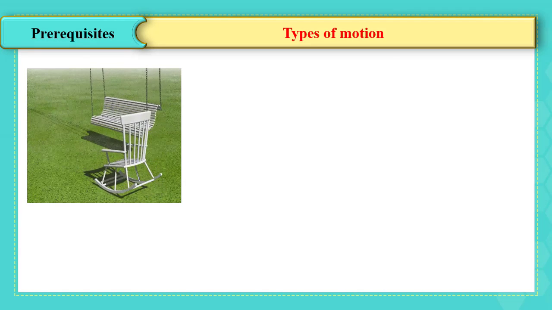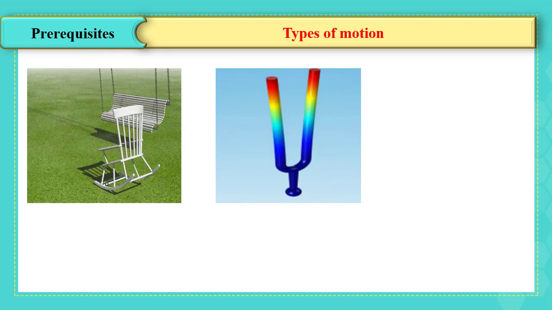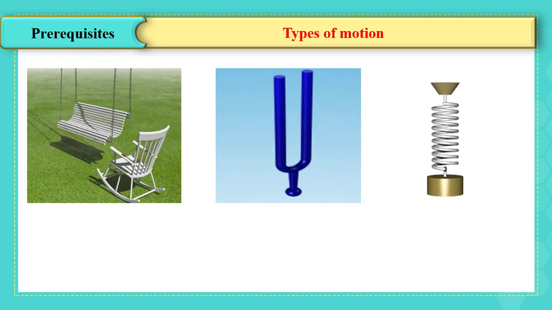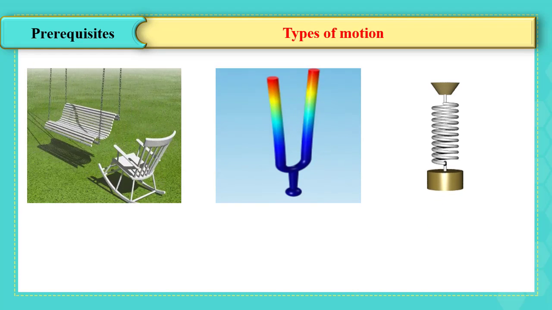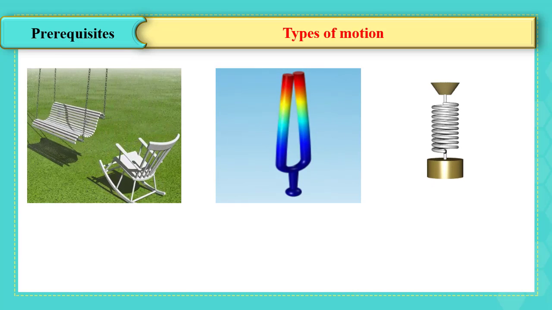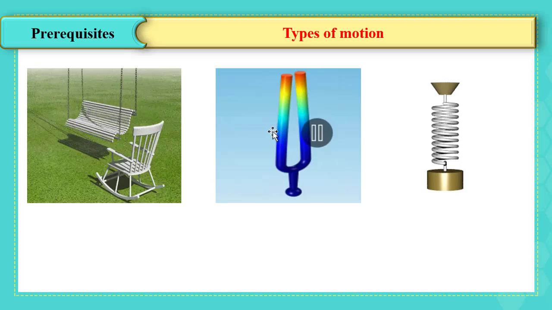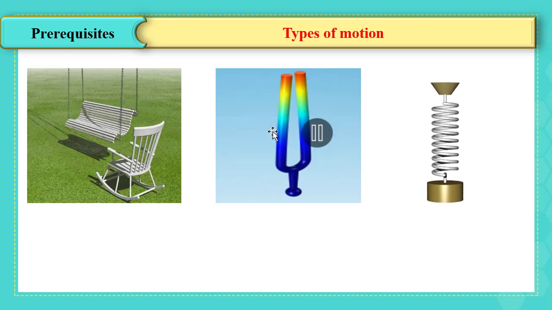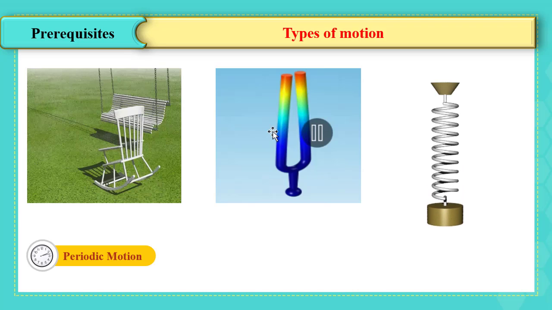A tuning fork also, when struck and left on its own, vibrates, both with a constant frequency. And also remember a vertical spring studied before, when it was at equilibrium in grade 9. If we displace the mass and leave it, it will oscillate. All these and others represent periodic motions of some characteristics.